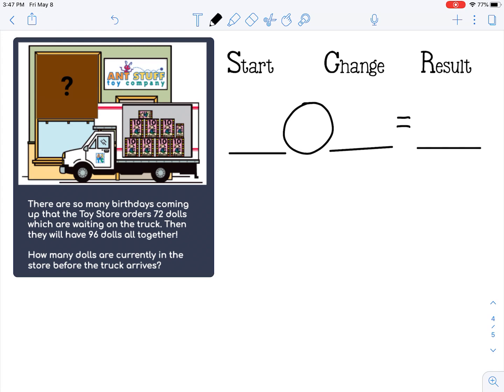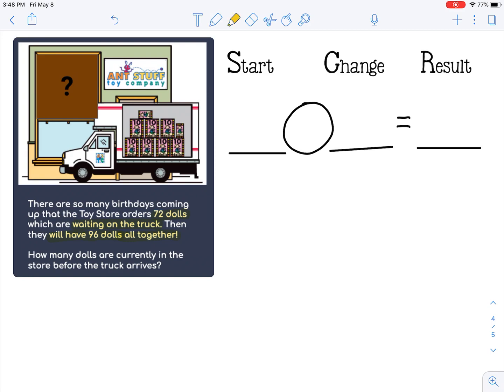There are so many birthdays coming up that the toy store orders 72 dolls, which are waiting on the truck. Then they will have 96 dolls all together. So again, we know that there are 72 dolls and they're waiting on the truck, and that they will have 96 dolls all together.